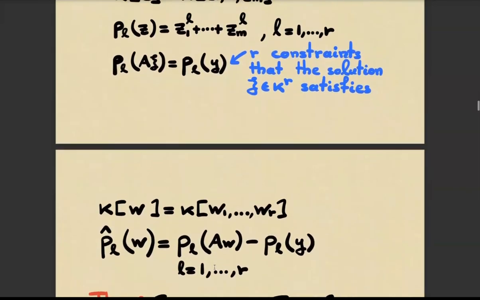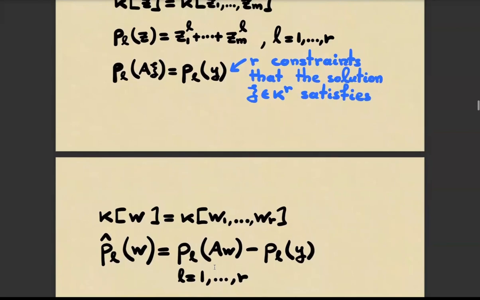These are the polynomials. I have substituted z with A times w. So now this P_L hat has become a polynomial in a smaller polynomial ring with r variables, w1 up to wr.